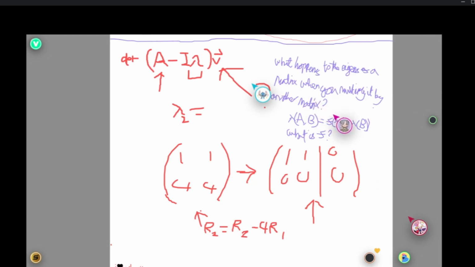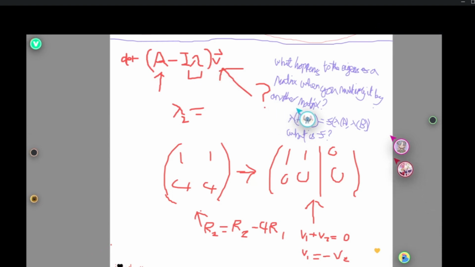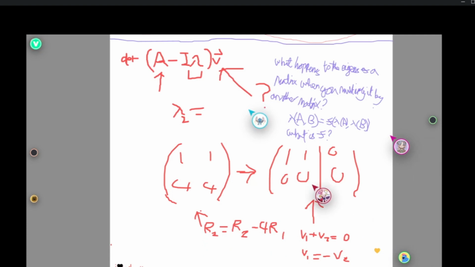So this gives us the equation v1 plus v2 equals 0. So all this means is that v1 is equal to minus v2. And essentially for this vector, we can make up any value. You can just pull any value out because these are just relative to each other.